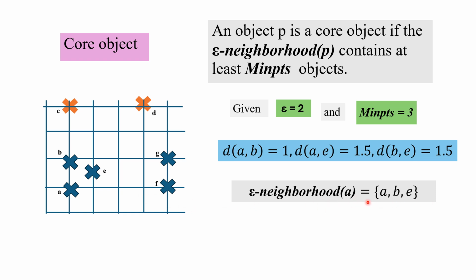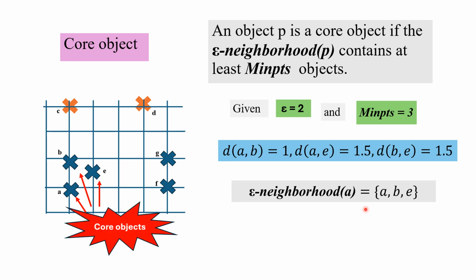The epsilon neighborhoods of A, B, and E all contain three objects. Here we have written that for A it contains A, B, E. We cannot say the same for G or F or C or D, because if we look at C, we don't see any other object within a distance of 2.